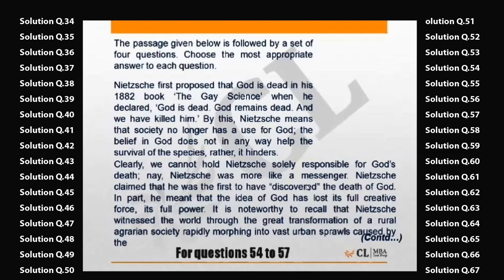This passage was about the famous German philosopher Nietzsche and his very infamous, I should say, declaration in his 1882 book, The Gay Science, where he declared that God is dead. It also deals with the author's interpretation of whether Nietzsche is a nihilist or not.